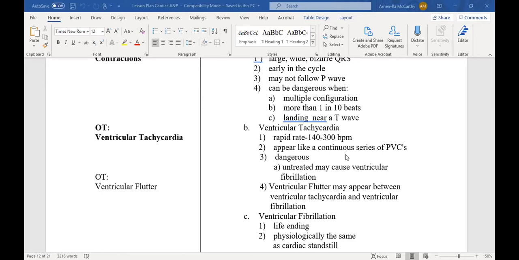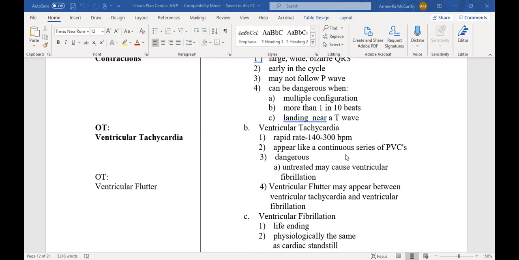If the heart rate is 300, how many large boxes are in between them? Two would be 150. So it's one large box in between them. Remember, each large box is 300 beats per minute. So if you have an R wave in two large boxes, then that's 300 divided by 2.